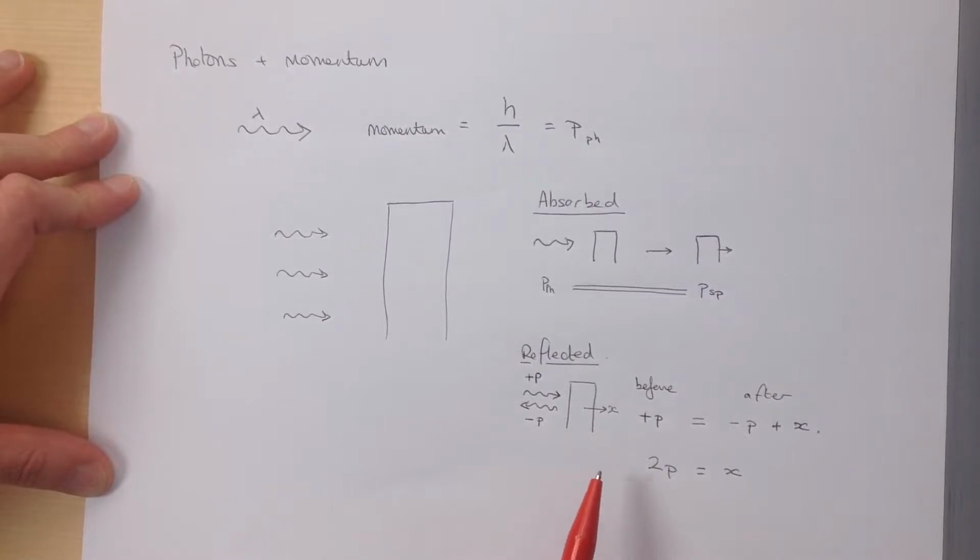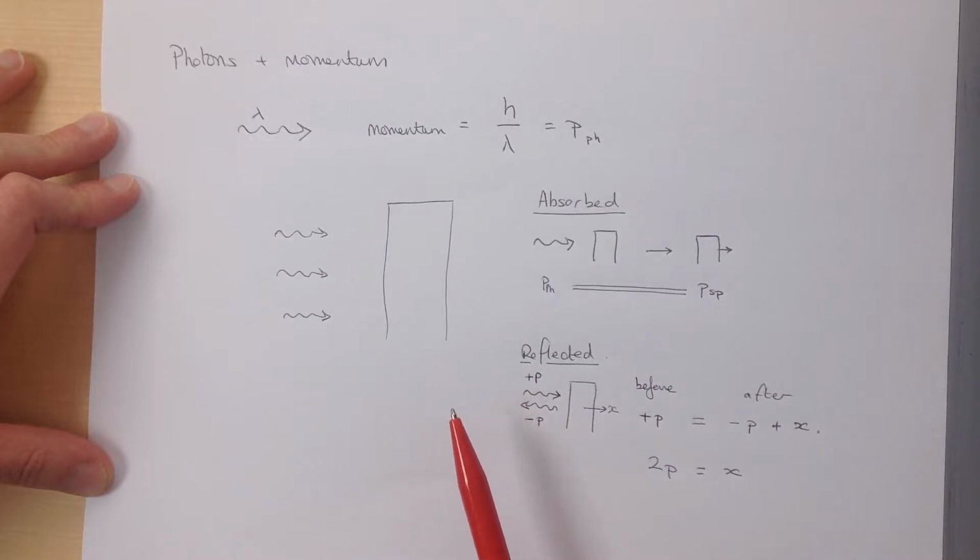The other way to think about this is to work out the change in momentum of the photons, which would be minus 2p, and then think about, well, if it's had a change in momentum, there's been a force exerted, and that force would be to do with change in momentum per unit time.